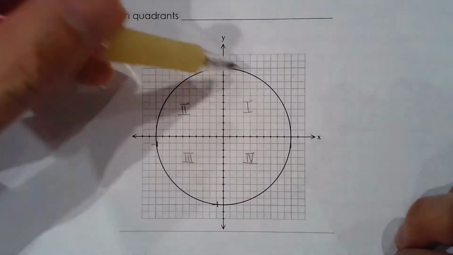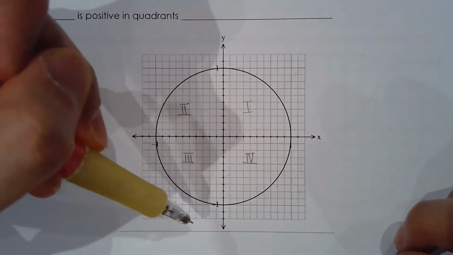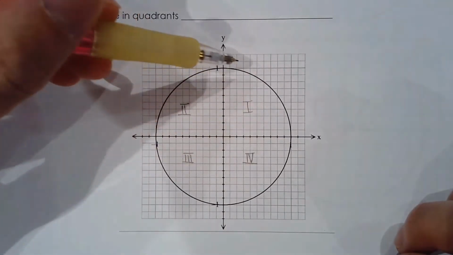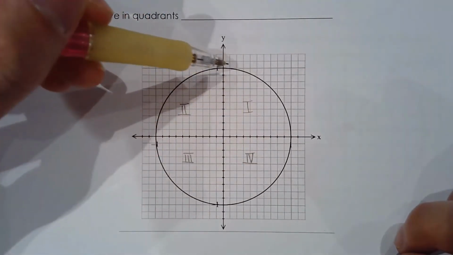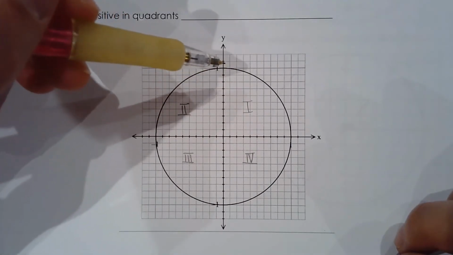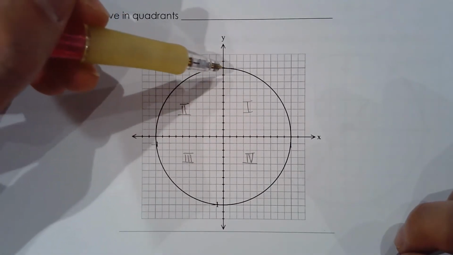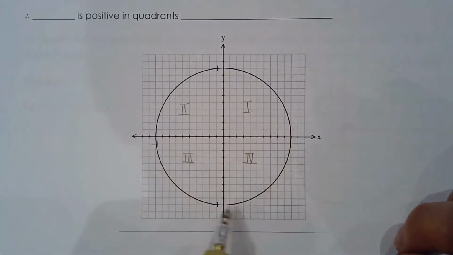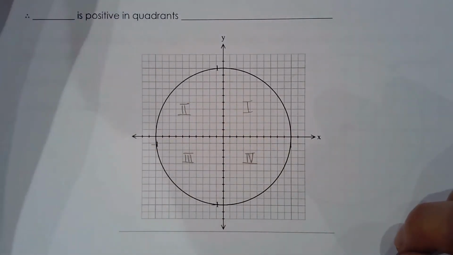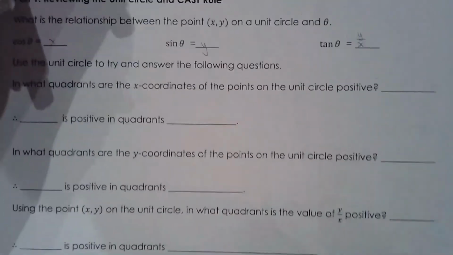So of all the points on this unit circle, where are the ones with x-coordinates that are positive? Hopefully you can see in quadrant 1 the x-coordinates are positive, and in quadrant 4. So quadrant 1 and quadrant 4.